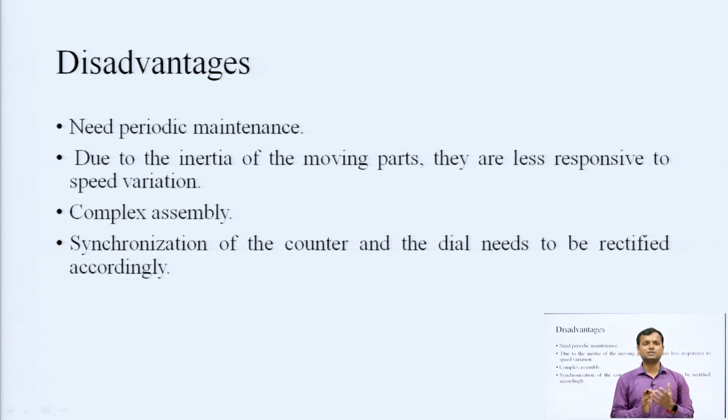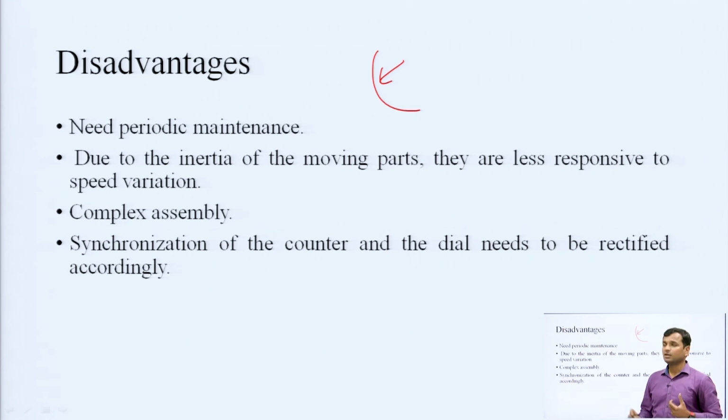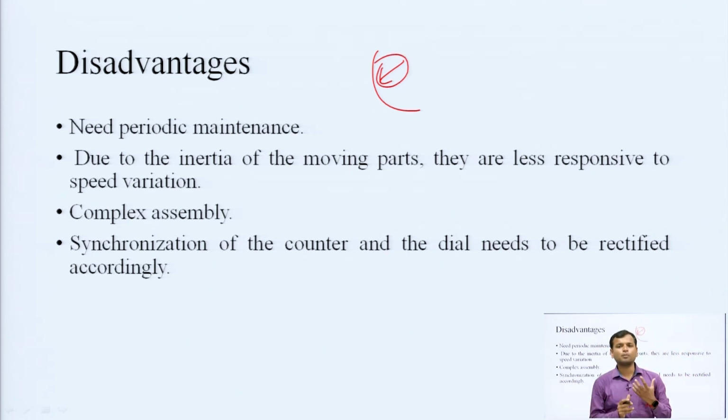Also, the assembly is complex as compared to the mechanical fly ball tachometer. Also, the synchronization of the counter and the dial needs to be rectified accordingly, because the counter gives you a reading very fast, but the movement of the needle on the dial is slower because of the weight of the needle, so the synchronization between the counter and the needle on the dial side is not proper.